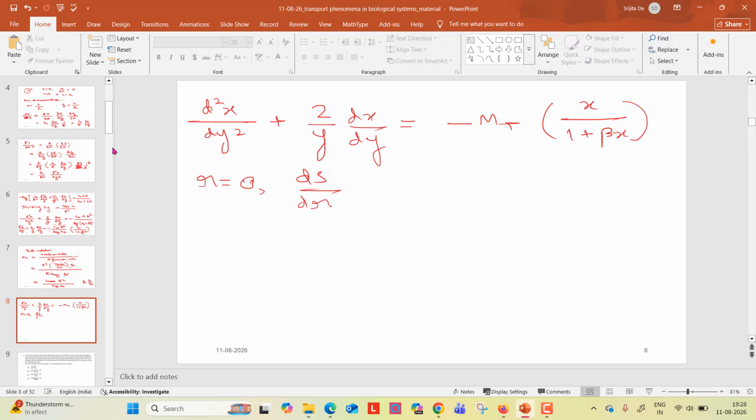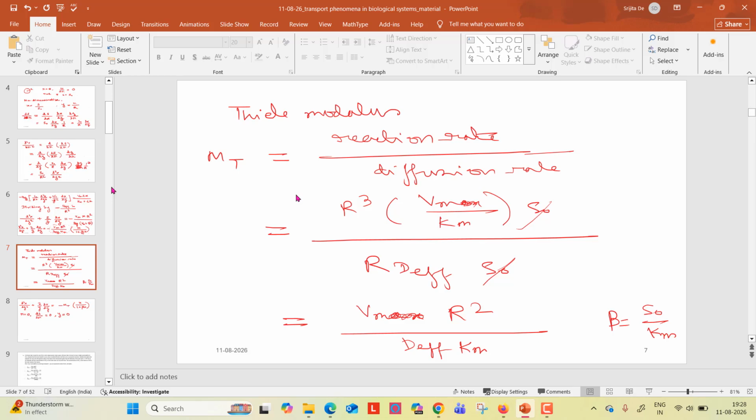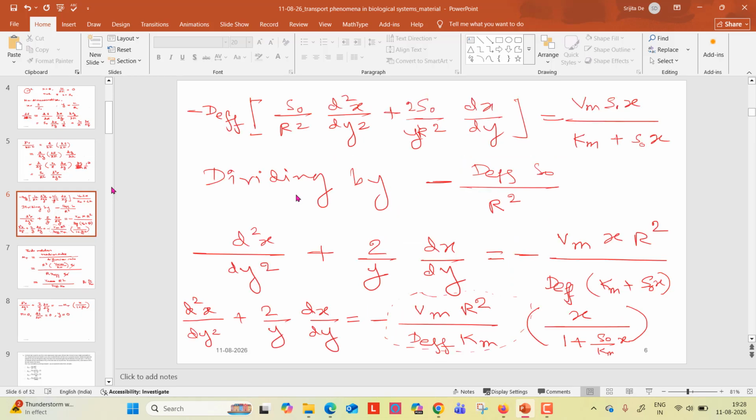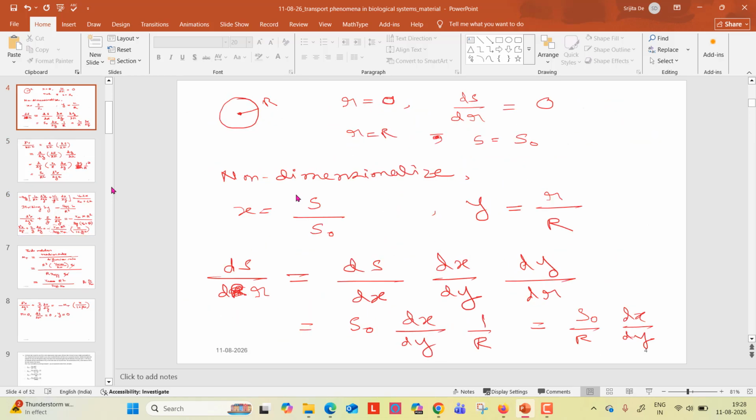Now if you remember, r equals to 0 means y equals to 0 also, because y is nothing but small r by capital R. So y equals to 0, and you also have the expression of ds/dr. The ds/dr expression is here, s0 by r into dx/dy.